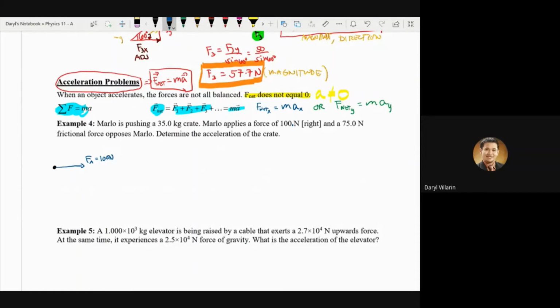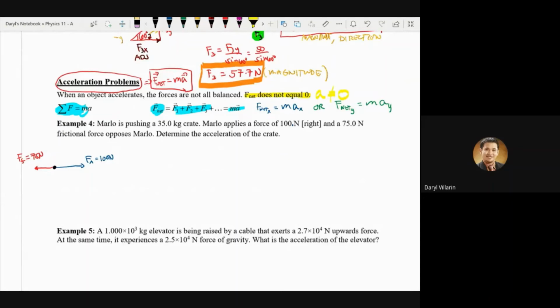And you have the frictional force to the left, FF, 75.0 newtons.